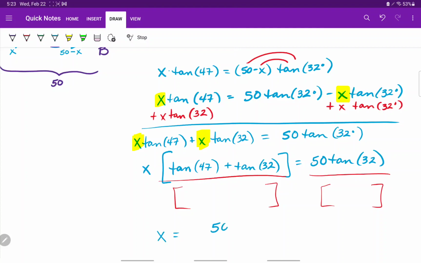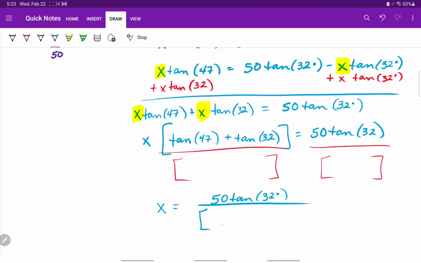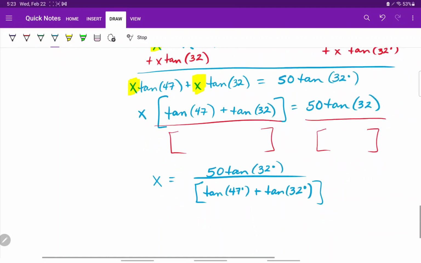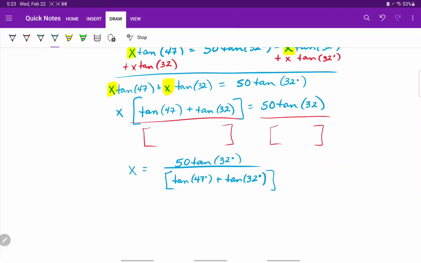We get x to be 50 tangent of 32 degrees divided by tangent of 47 degrees plus tangent of 32 degrees. And into our calculator that goes. We get x to be 18.41.